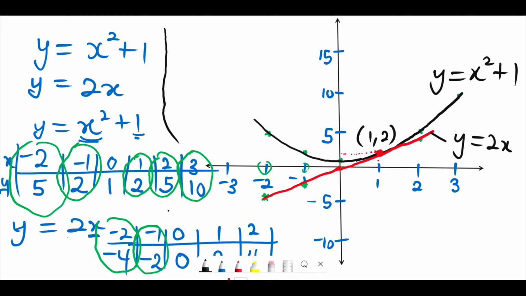I have y = x squared + 1, and I also have y = 2x. You can solve these equations simultaneously to get their point of intersection. See where they meet. That is where the line touches the curve. We have it to be the point with coordinate 1 and what? 2. But let us use the simultaneous approach to determine whether the answer will be the same.